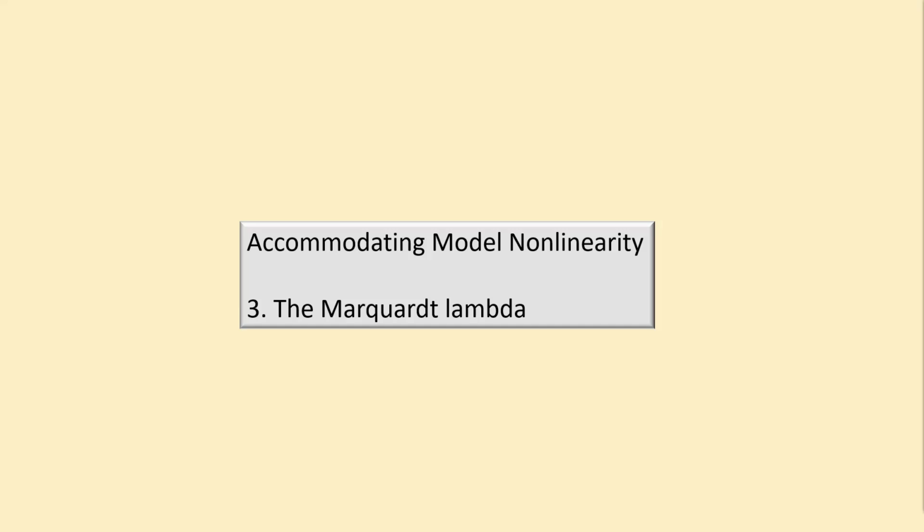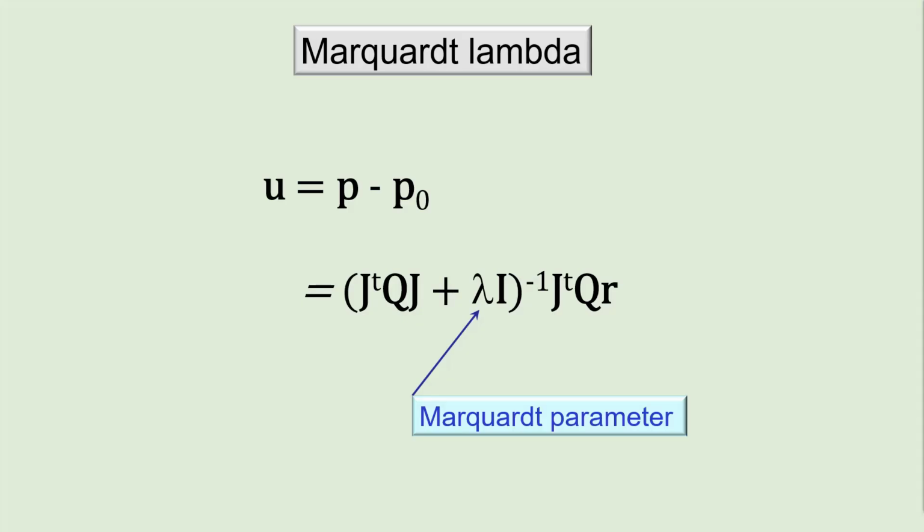Thirdly, we have to modify the equation that we have been using just slightly. You see how I've added this term to this matrix before we do the inversion? This lambda value is called the Marquardt parameter, or the Marquardt-Levenberg parameter. This lambda I is the identity matrix.